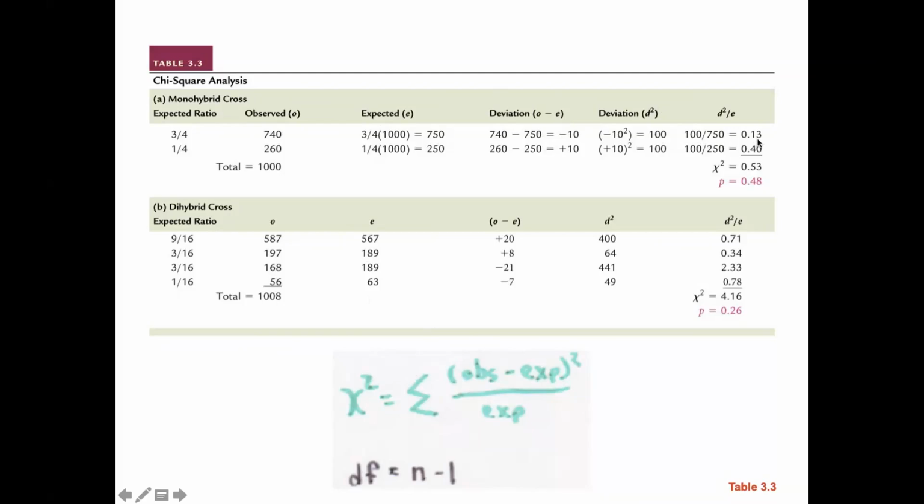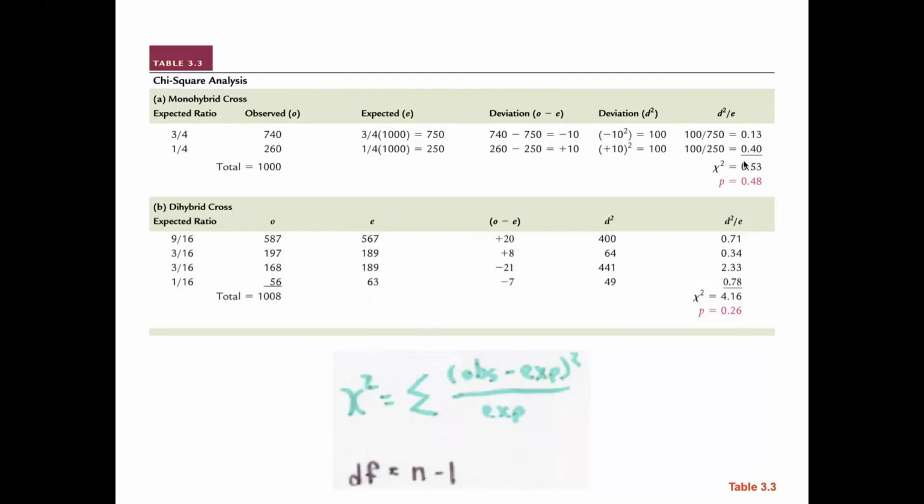You then do the same calculation for the second phenotypic class in your data set. So again, here the difference is 10, you square it, and then you divide by 250, the expected number for that phenotypic class, and you get another number, 0.4. So then to get the final chi-square value for that data set, you simply add, this is a summation sign, you simply add those two numbers together for a final chi-square value of 0.53.